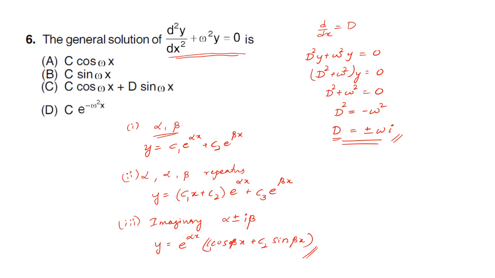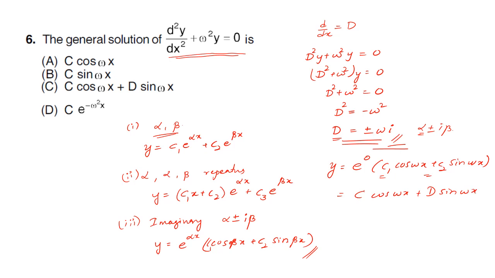Here in this case D is imaginary, so the roots are imaginary, therefore the solution is e raised to 0 because it is in the form alpha plus or minus i beta. The value of alpha is 0, so e raised to 0 into c1 cos omega x plus c2 sin omega x. Instead of c1, c2 we can write capital C and D: C cos omega x plus D sin omega x is the answer.